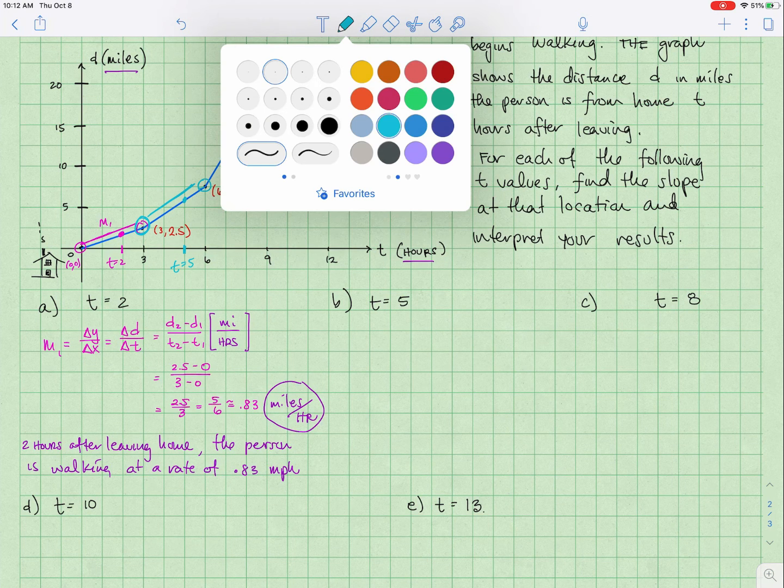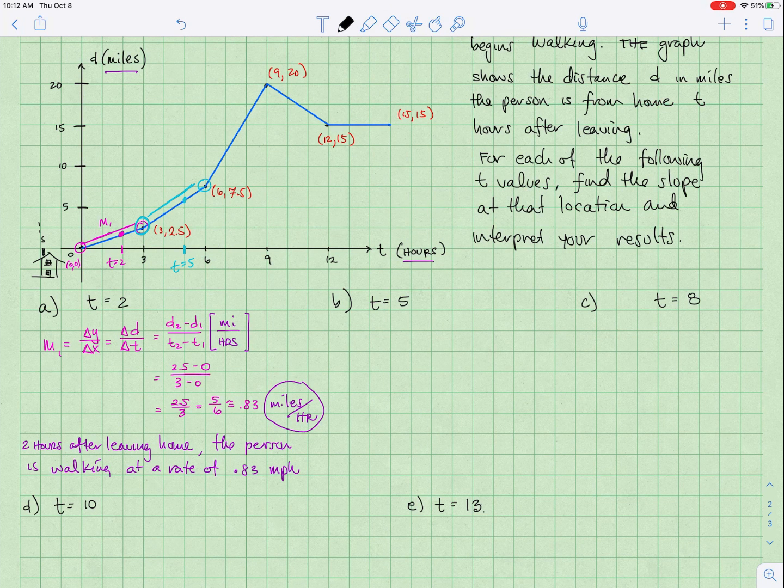I'm just going to go back to black here. So the slope 2 is going to be 7.5 minus 2.5, the difference in the d values, over the difference in the t values, 6 minus 3, which is 5/3.